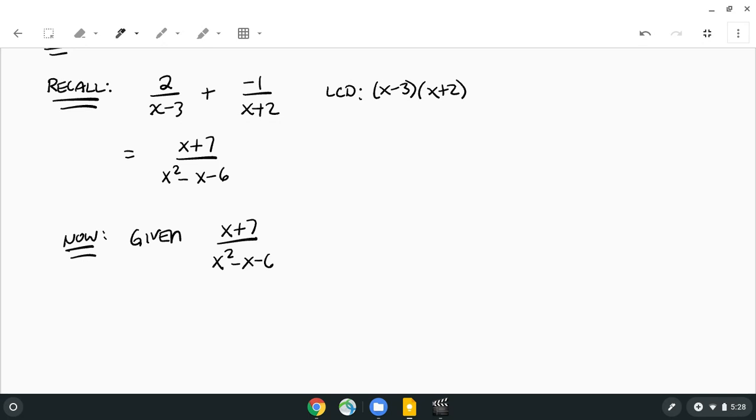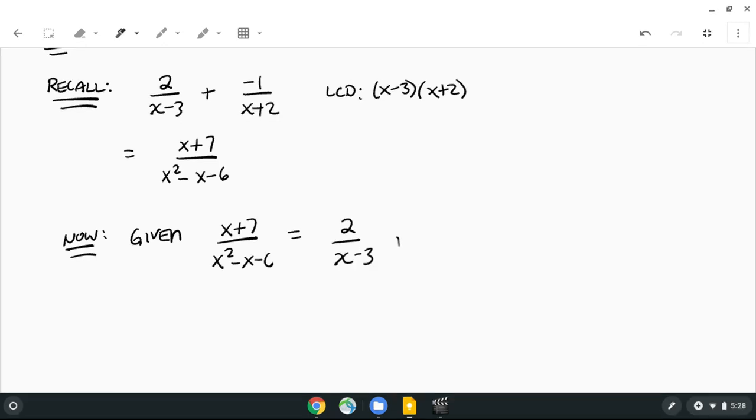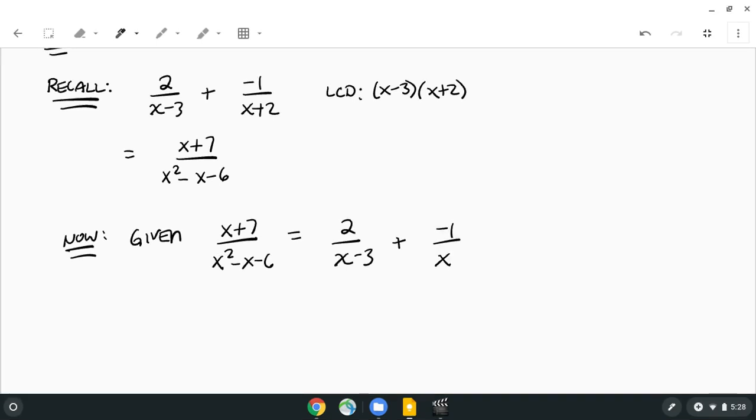We can see from the problem above that the answer is 2 over x minus 3 plus -1 over x plus 2. That's what you added together to get that answer. Coming up with these fractions is what we look at today.